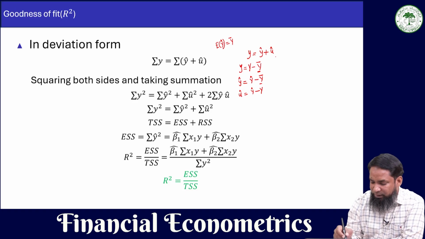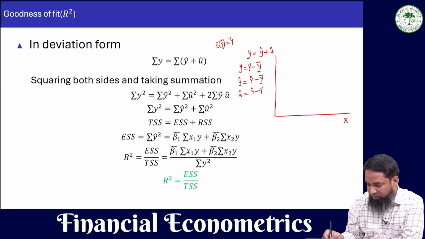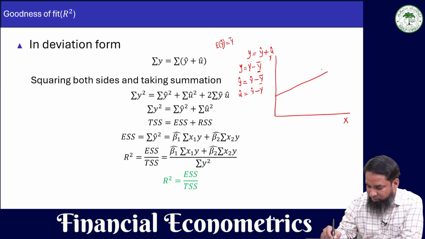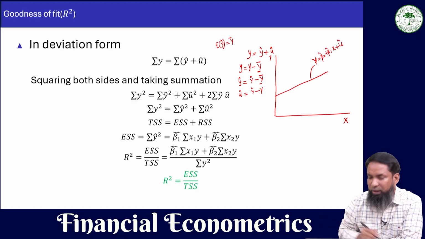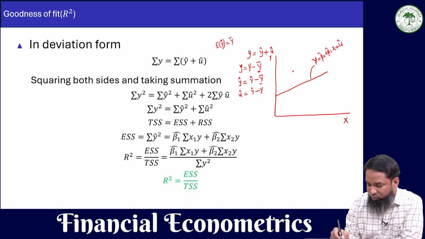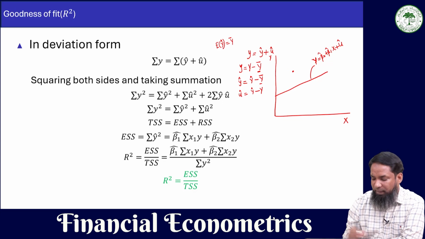To understand this, let us think of it this way. Here we have x, and here we have y, and here we have this estimated regression line, y equals beta 0 hat plus beta 1 hat x plus u hat. Let us say we have one observation here.